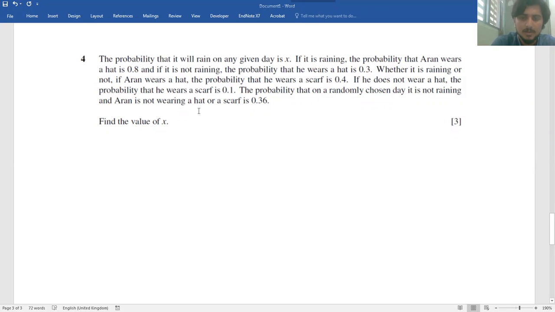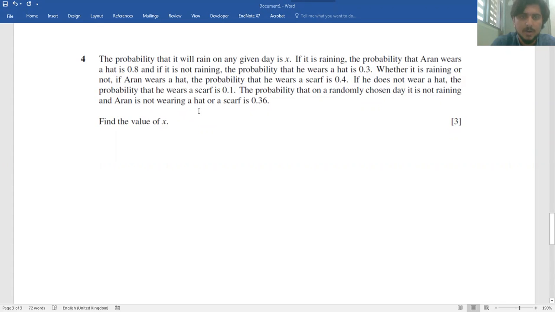Now, irrespective of that, the question is telling you that he either wears a scarf or does not wear a scarf. Wears a scarf, does not wear a scarf.